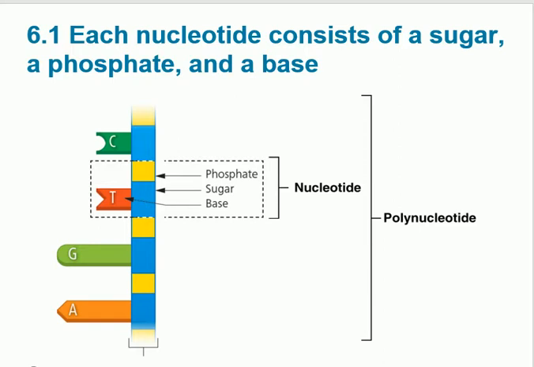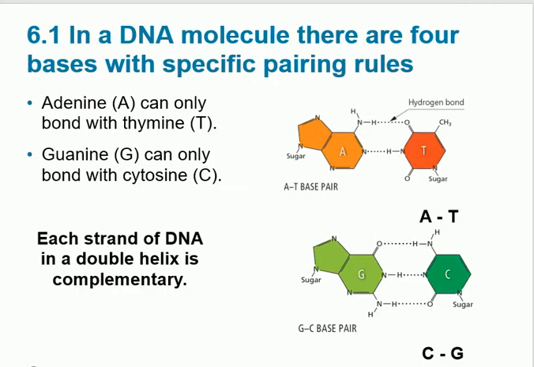Polynucleotide. What's a polynucleotide? A big chain of nucleotides. What's a nucleotide? Base, sugar, and phosphate. I'll start with the base. The bases are A, T, C, G. A is for adenine, T is for thymine, G is for guanine, and C is for cytosine, or the other way around. ATCG.